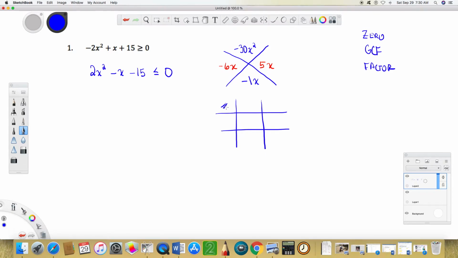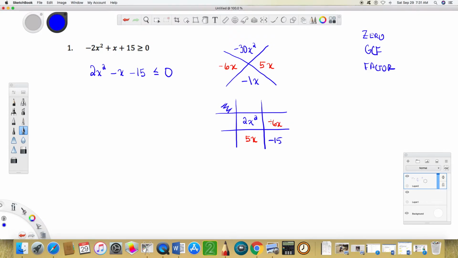Again, I come back to my equation and use the first and the last along one diagonal, and the values that I found in my x along the other diagonal. And it doesn't matter whether I put the -6x here or here. So now I'm going to factor both horizontally and vertically.